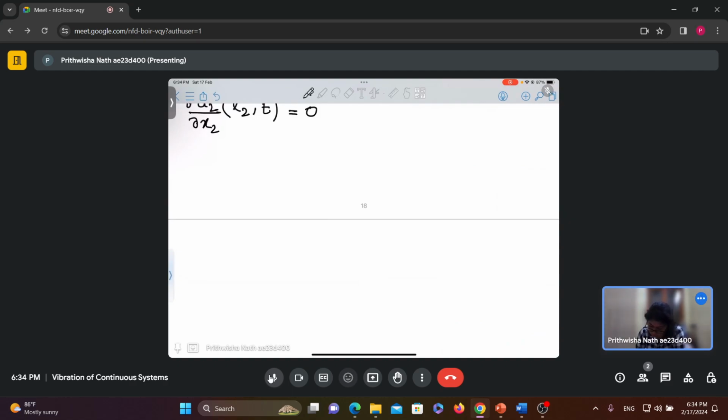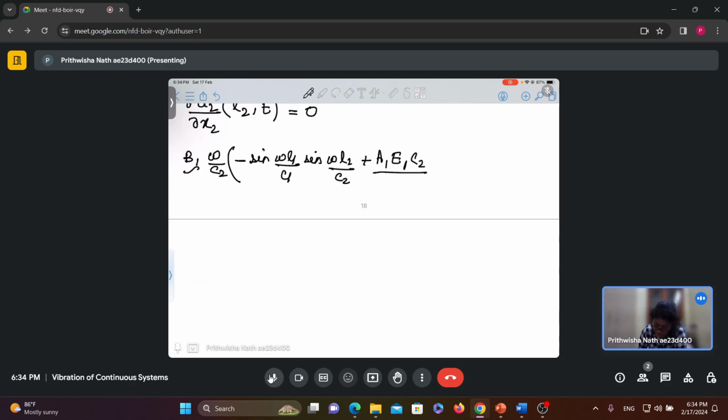So B1 tilde omega divided by C2, I substitute L2 in place of x2, so this becomes minus sin(omega L1 by C1) sin(omega L2 by C2) plus A1 E1 C2 divided by A2 E2 C1 cos(omega L1 by C1) into cos(omega L2 by C2).